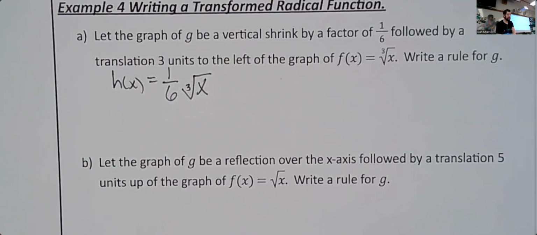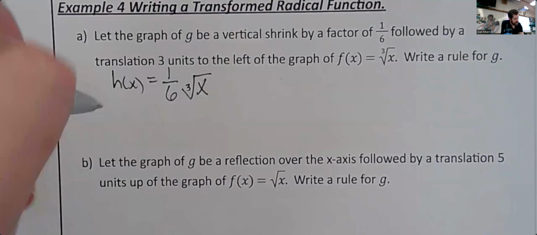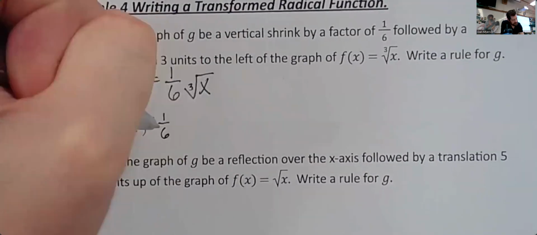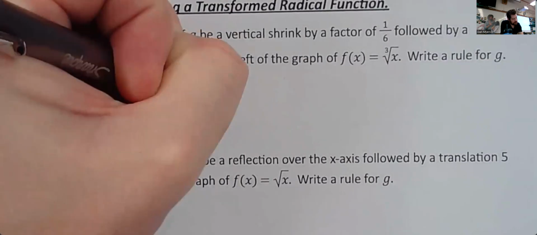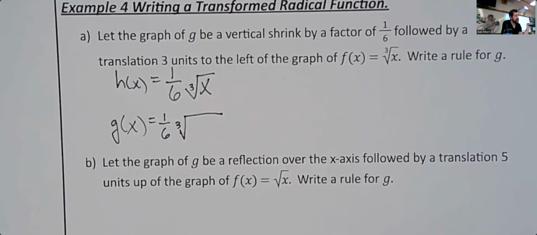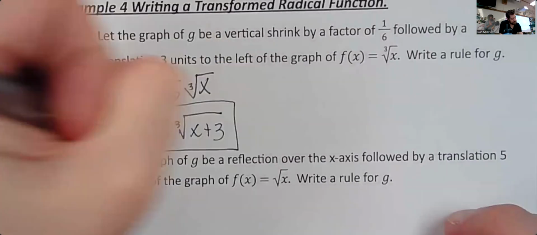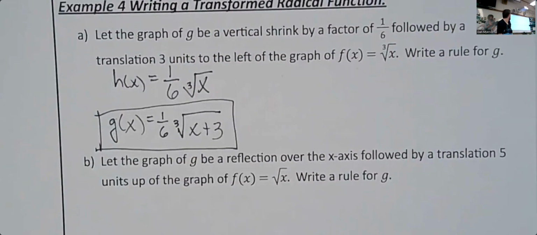And then we're going to follow that up with a translation of 3 units to the left. So we're going to have g of x is equal to 1/6 times the cube root of what? X plus 3. Good. And that will be our answer here. All right. Now try B on your own.